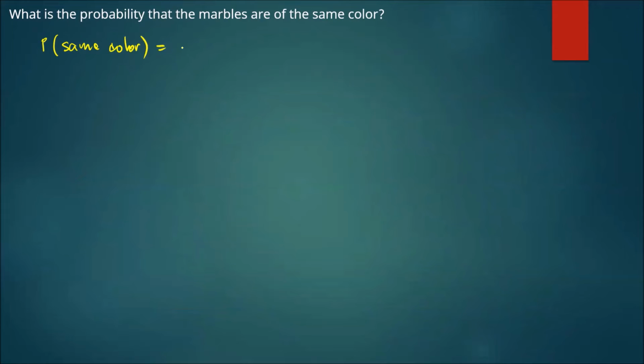In other words, we are looking for the first marble is red and the second marble is red, plus the probability that the first marble is green. If the first marble is green, then the second marble should also be green, plus the probability that the first marble is blue. And if the first marble is blue, since the same color, then the second marble should also be blue.